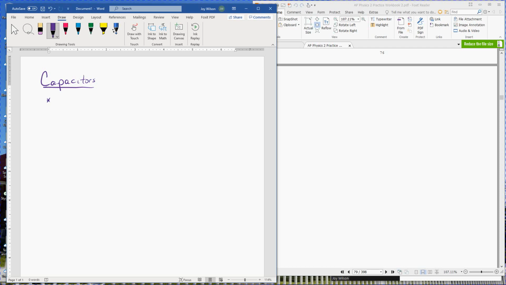Number one is that capacitance can be done as epsilon naught A over D, where A is area, D is distance between plates, and if we use a dielectric that is different than air, or a vacuum, it will have kappa.